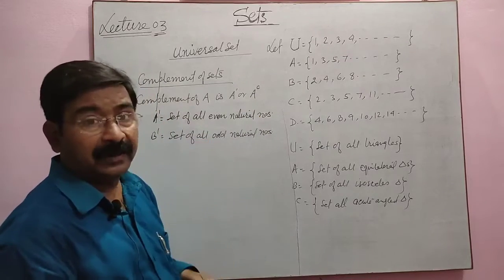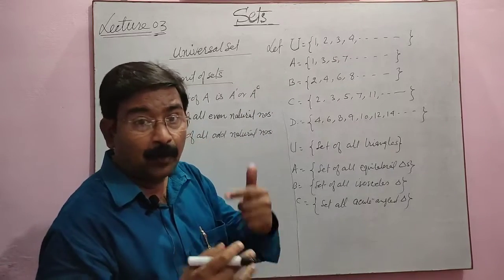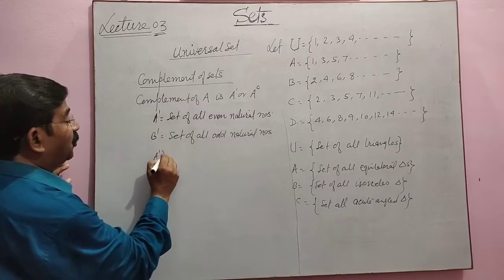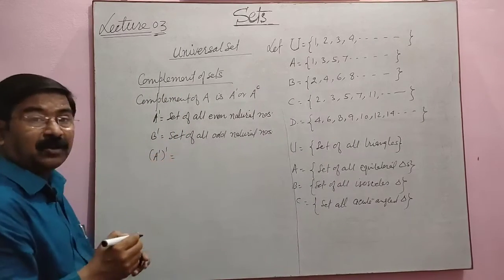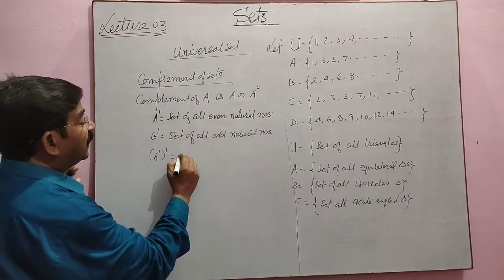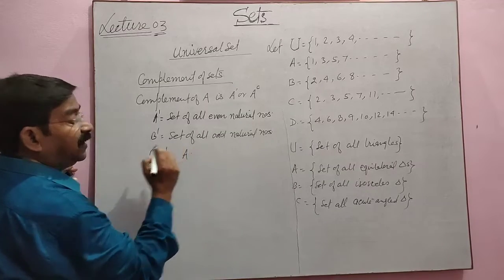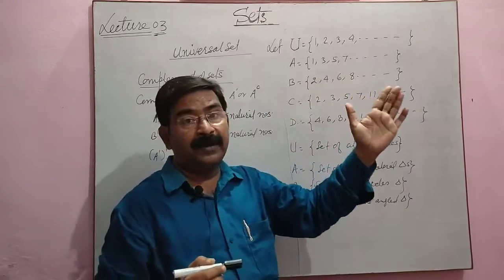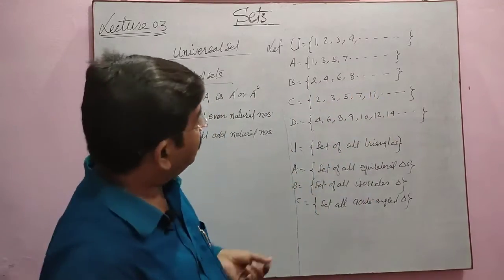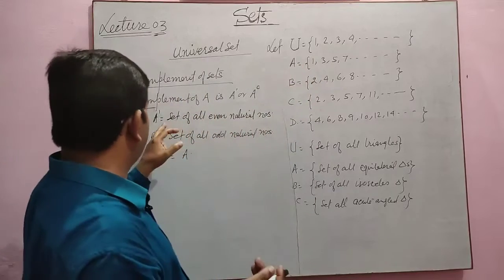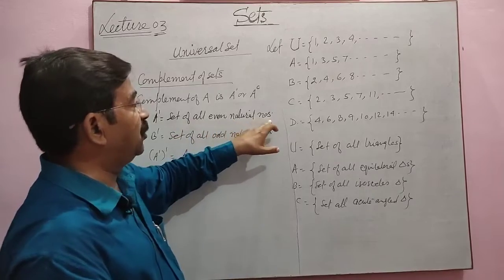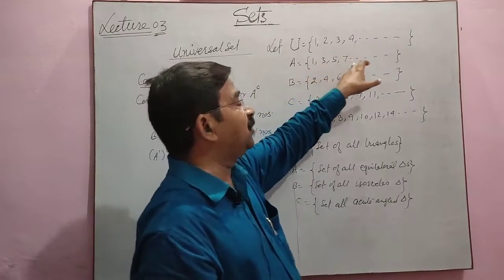Now one more thing: when we find the complement of the complement, means A dash of dash, the complement of the complement is again A, means the set itself. For example, suppose we have A dash, the set of all even natural numbers, because set A is of odd natural numbers.